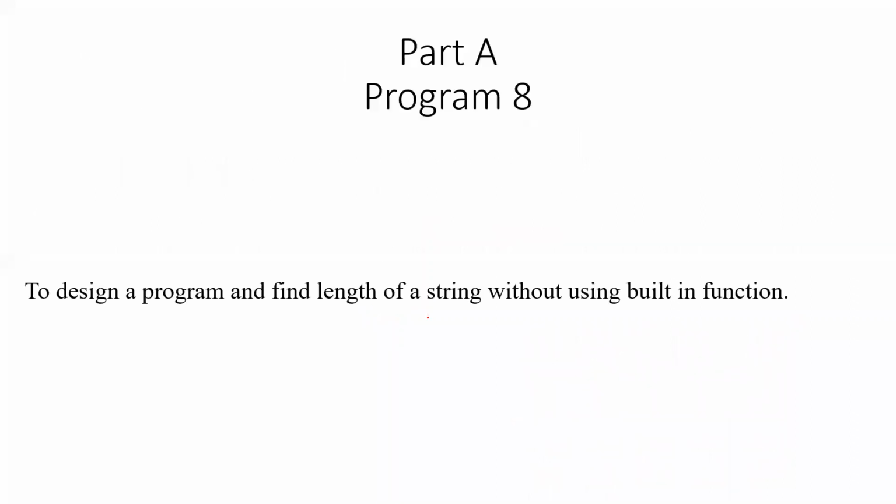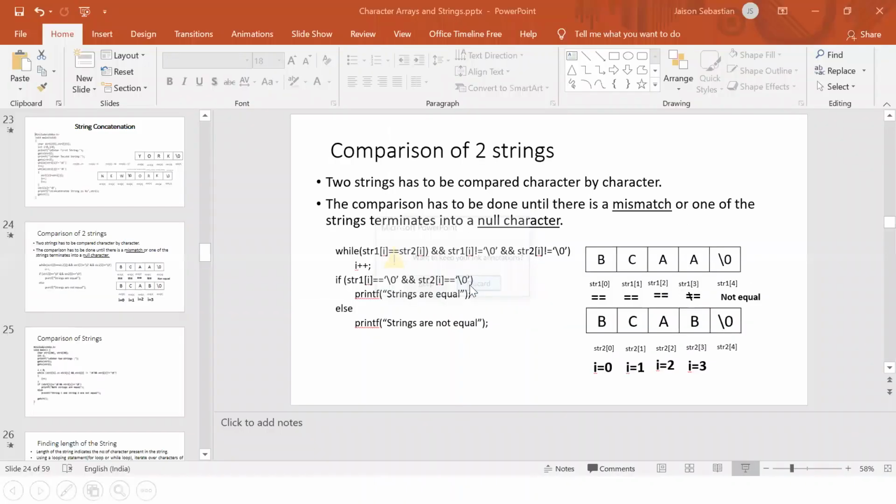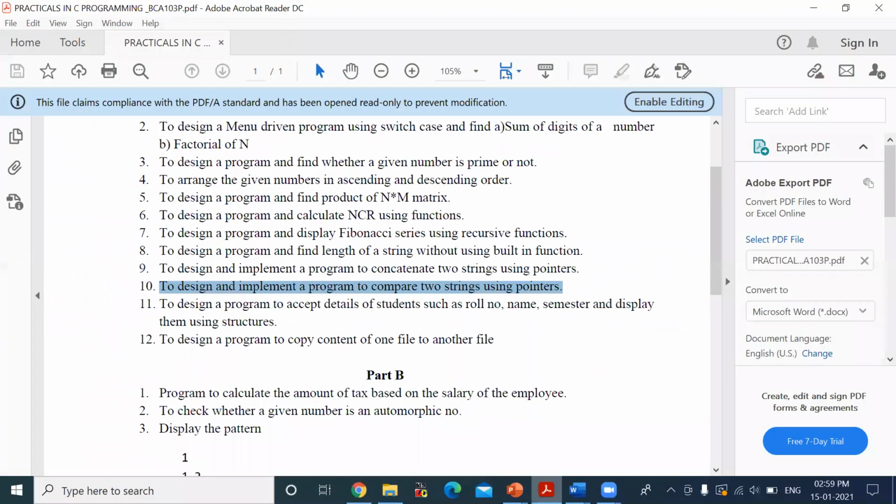Now, this program is given as part A, program number 8. All of you, please take your observation book. It is not there, but write in your notebook, and then you can copy it on Monday, or if you can come tomorrow, you can take it. After offline class only, online class only you can take, because I have corrected and kept all your observation books and all your assignment books, except for those who submitted assignment in the Blue Book.